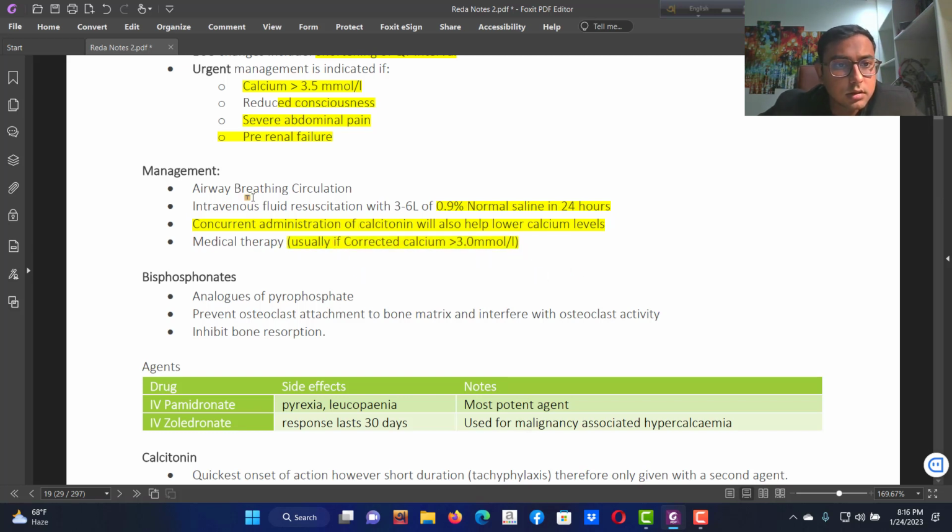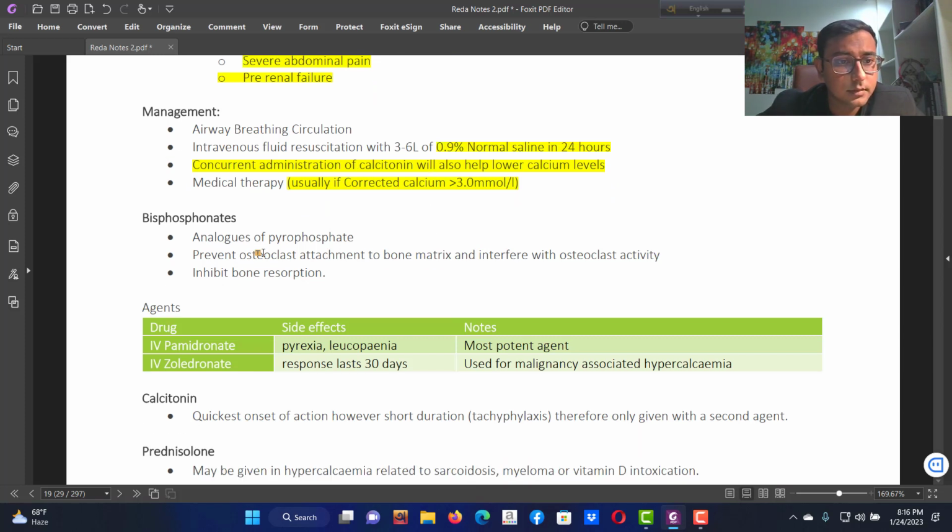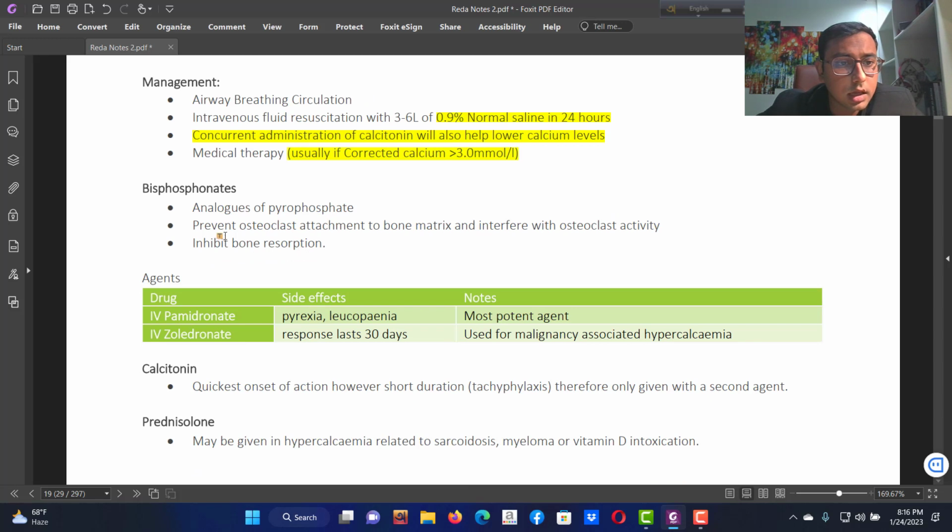Intravenous fluid, that is normal saline, 1 to 2 liters in 24 hours, and you can also administer calcitonin if it is available. I think it is not always available because it is somewhat costly, but normal saline is available. Now, to prevent osteoclast activity, attachment to the bone matrix interferes with osteoclast activity and inhibits bone resorption.